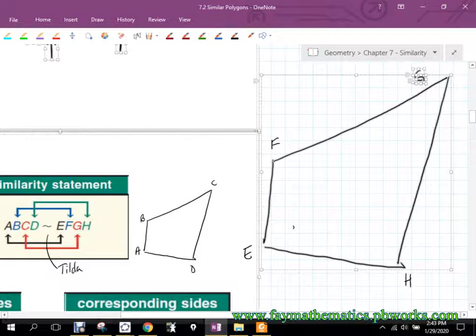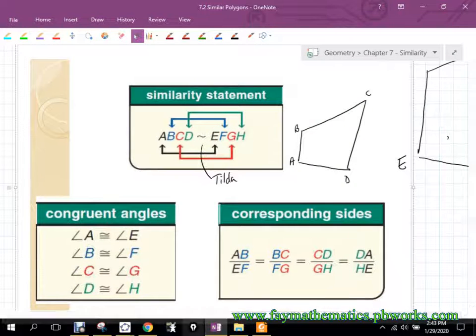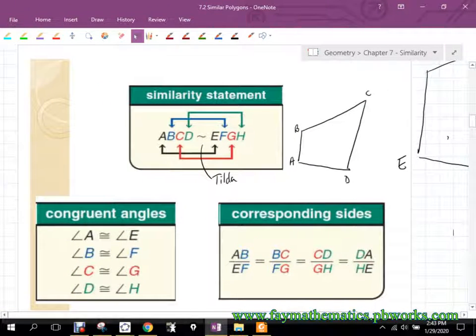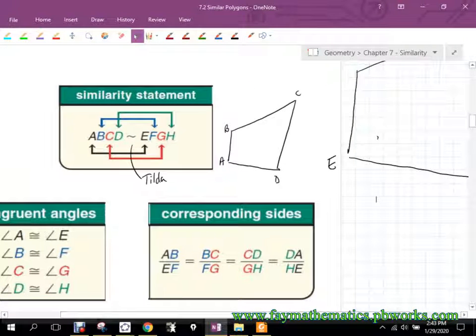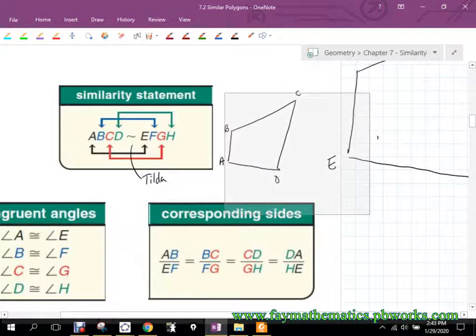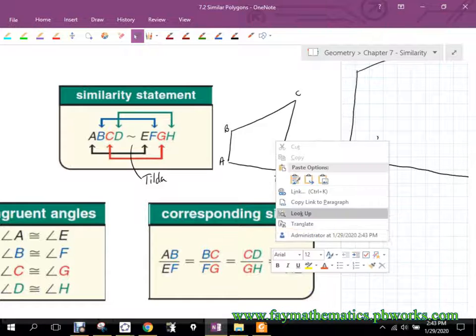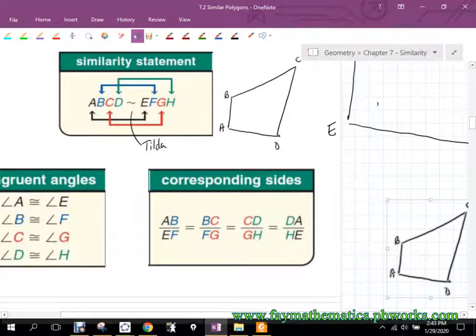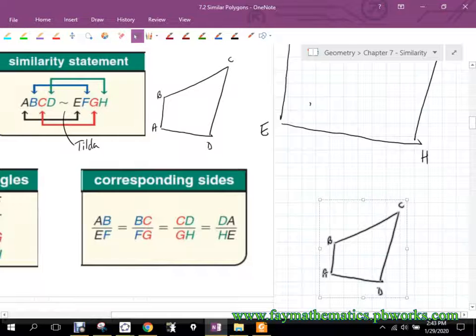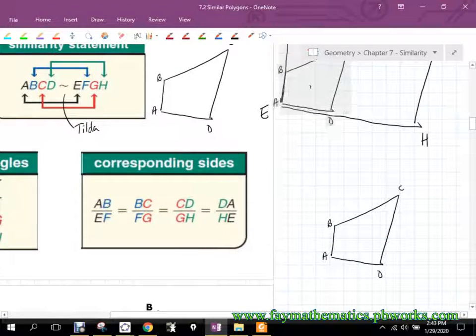Because my argument then is going to be that if I take that small one and I move it so that A and E lay on top of each other, do they still end up being congruent?